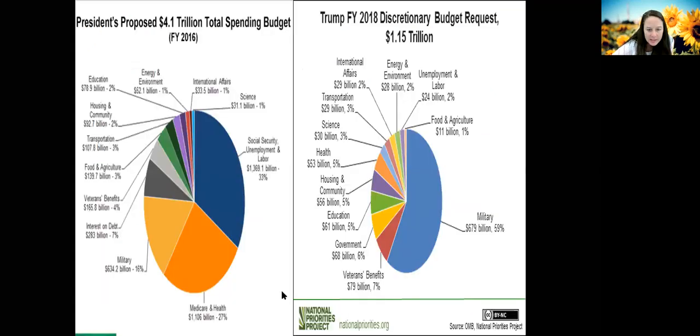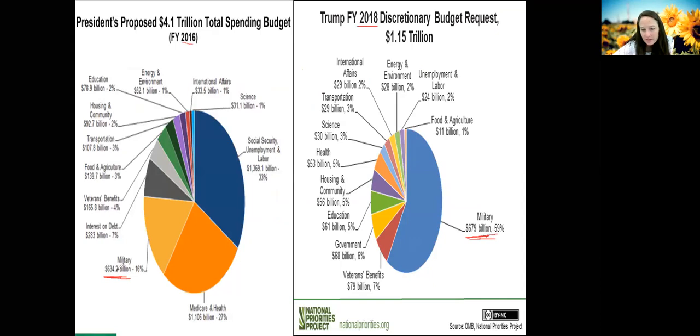And this is just an example. This first one, 2016 discretionary budget, and 2018 discretionary budget. We can see, let's do military. The 2016 military budget was $634 billion. 2018, $679 billion.